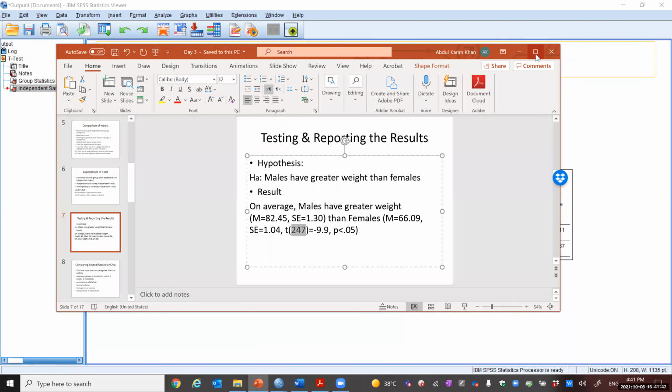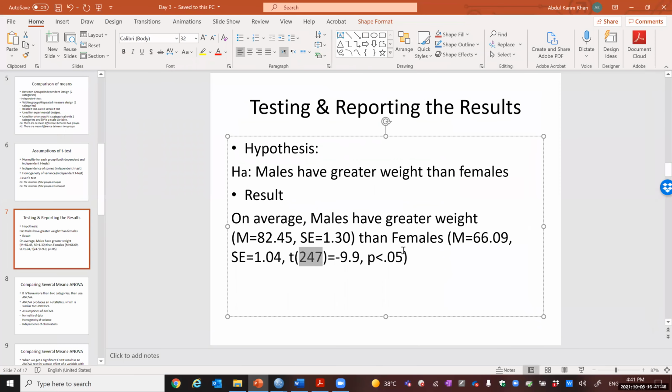So this is how we report the results: on average, males have greater weight, M is equal to 82.45, standard error 1.3, then females, their mean is 66.09, and then t(247), where 247 is the degrees of freedom, t is equal to minus 9.9, the t statistic, and of course the p-value.